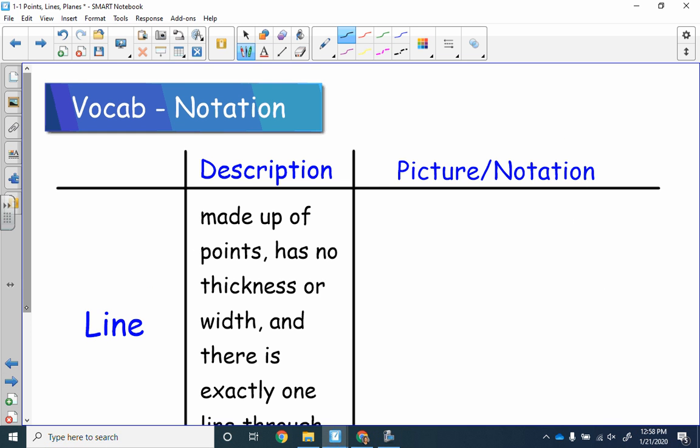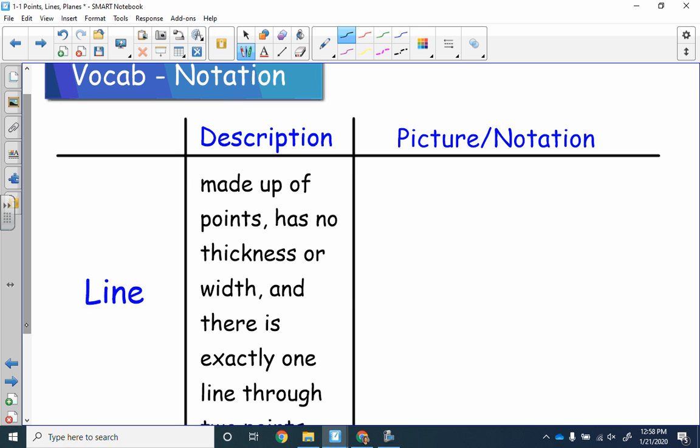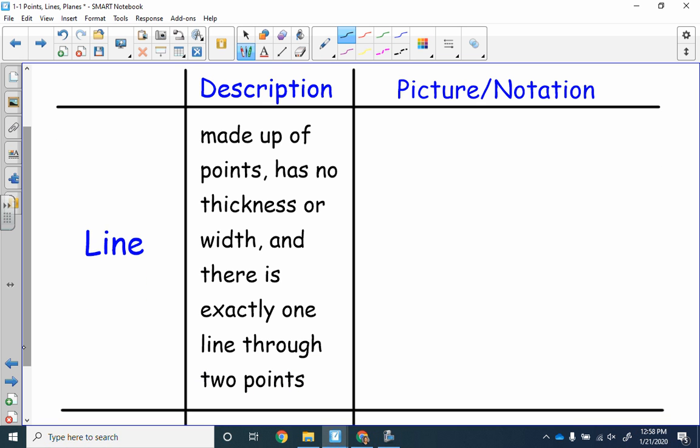All right, the next thing that we're going to talk about is what is a line. A line is actually made up of points, and at minimum there needs to be at least 2 points to make up a line. It has no thickness or width to it, and there's exactly 1 line that goes through 2 points. Now you can have infinitely many points on a line, but you need at least 2 points to make a line.